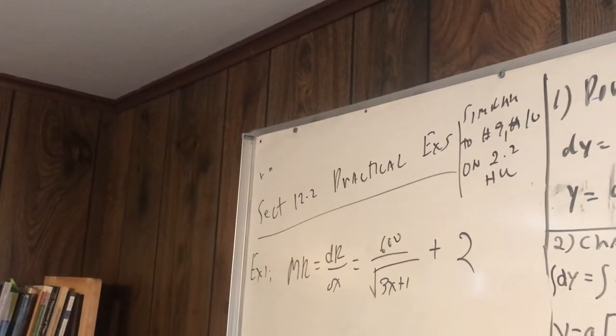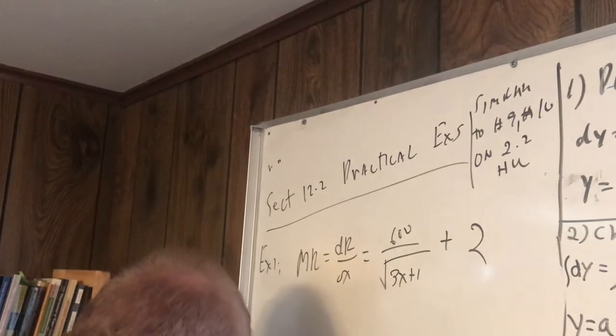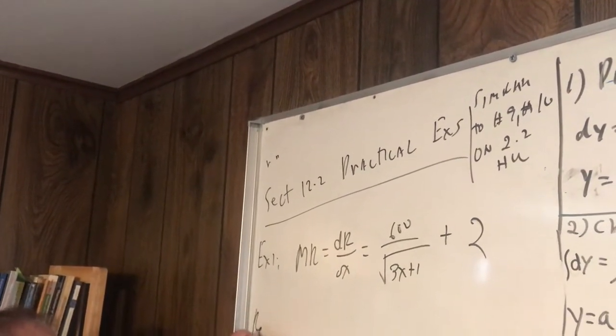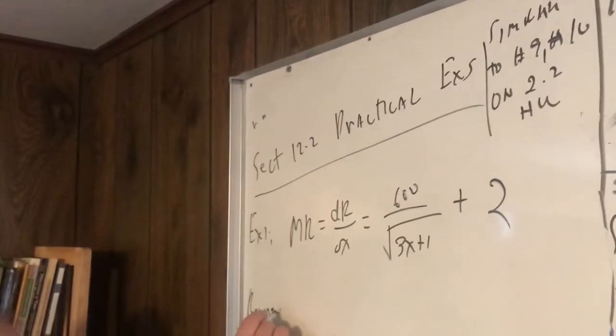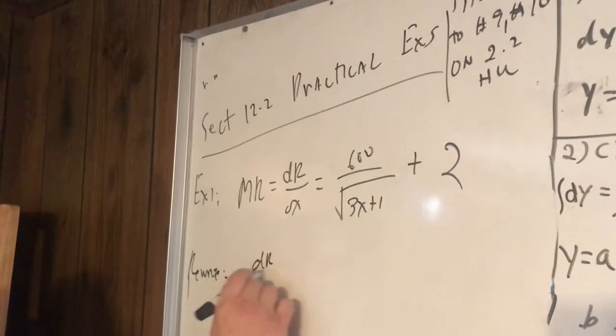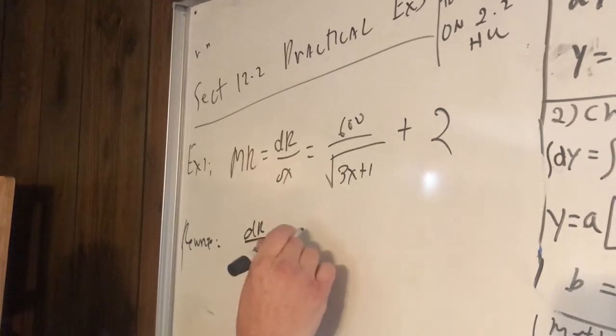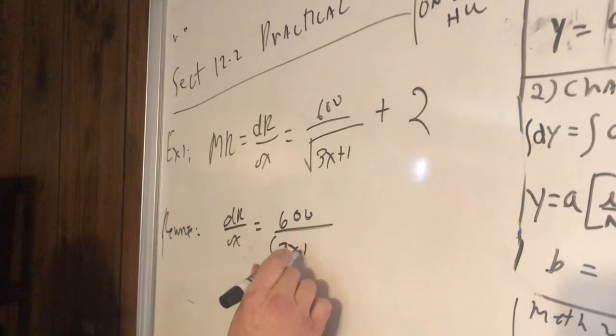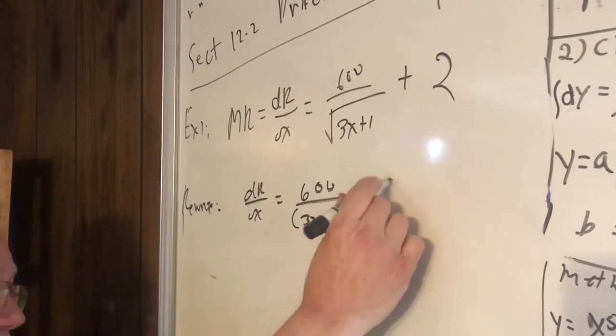Once again, what we have to do is rewrite this. So we're going to rewrite our basic formula: 600 over 3x plus 1 to the 1/2, plus 2.